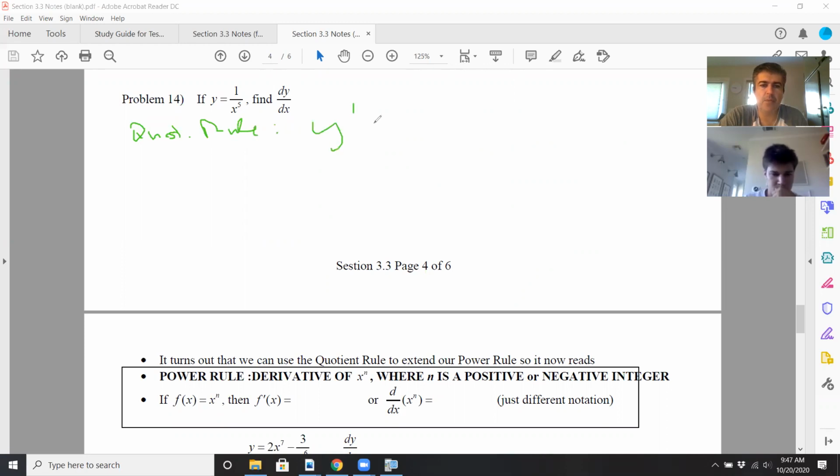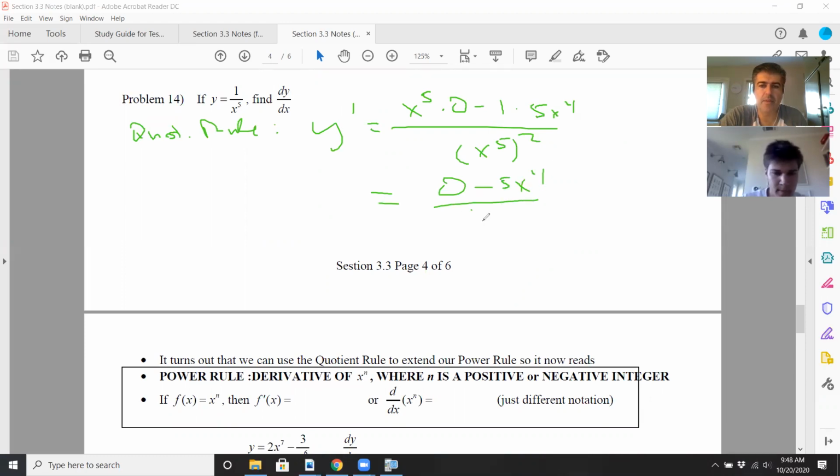So y prime would be, so low d high, which is 0, minus high times d low, over low squared. And away we go. Well, that's going to be 0 minus 5x^4 over x to the 10 power. If you were to simplify, again, I said I didn't care, but if you were, you'd have negative 5 times x to the negative 6 power.